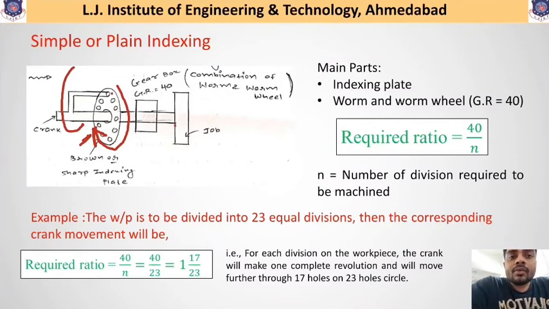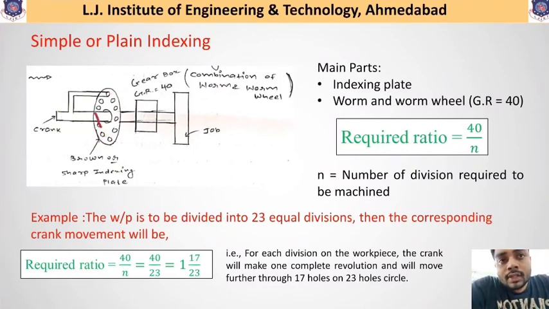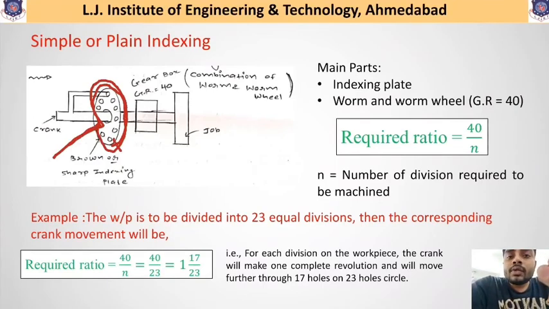Now after performing that machining operation, wherever the crank is available, suppose the crank is available over here. Now further give one complete rotation up to here, and from this position further rotate 17 holes on this indexing plate and stop there, which will provide you another movement for the division.